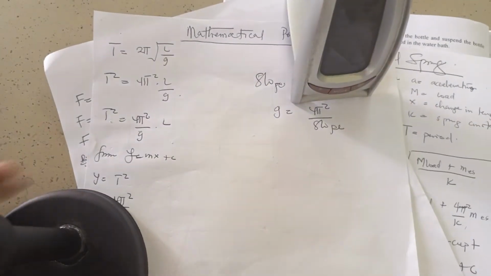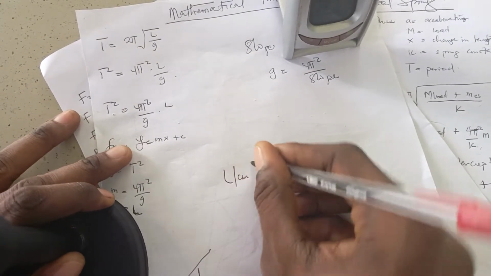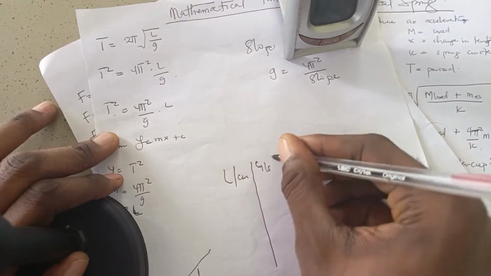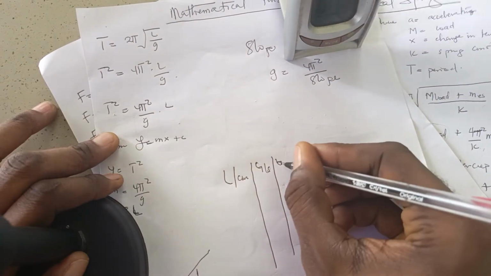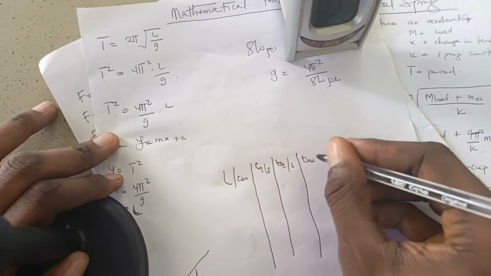So our table is supposed to look like this: L in cm, the next thing should be T1, T2, and then the T average.